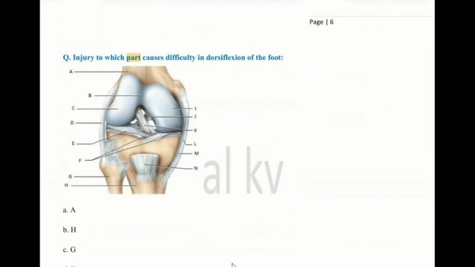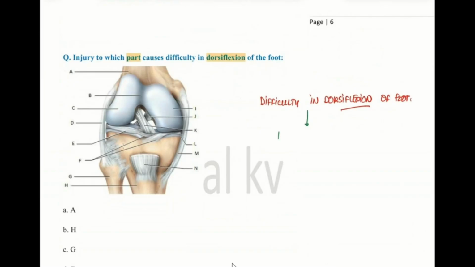Then, injury to which part causes difficulty in dorsiflexion of foot? So this question we have already discussed in anatomy. If there is difficulty in dorsiflexion of foot, it means the nerve which is controlling the dorsiflexors of the foot is paralyzed.